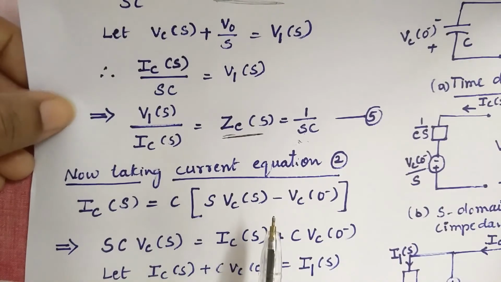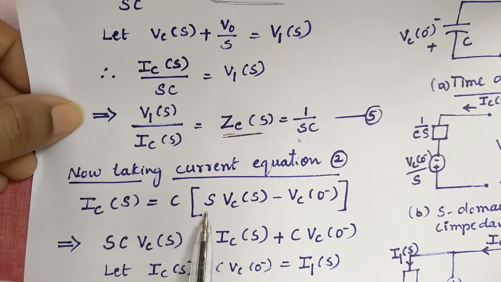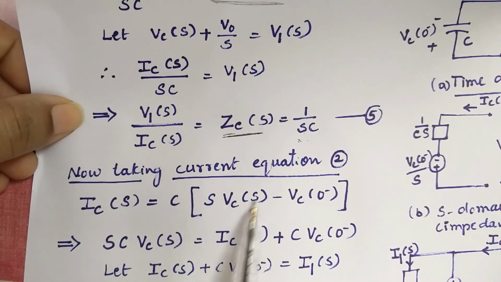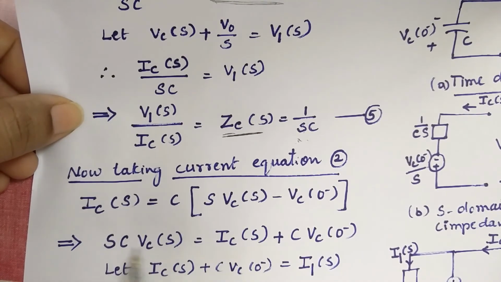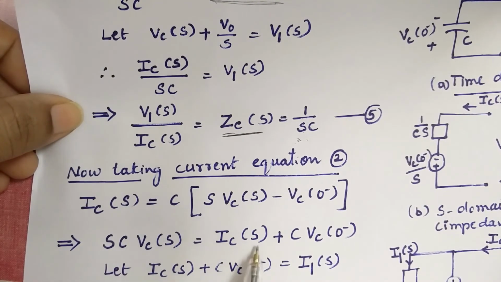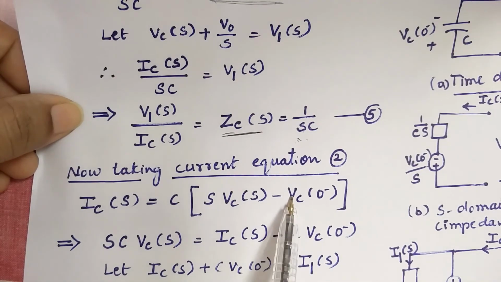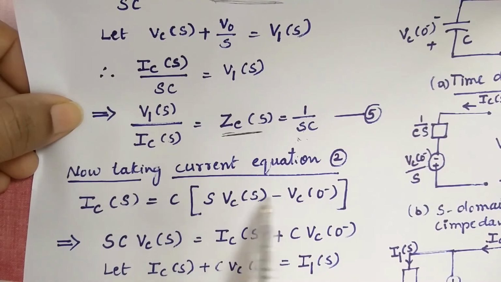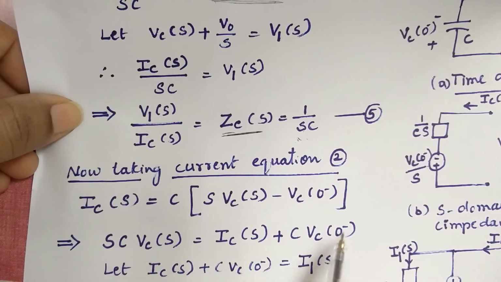Now rearrange this equation. So sC Vc(s) is kept on one side, and Ic(s) plus this term moves over here, so plus C into Vc(0-).